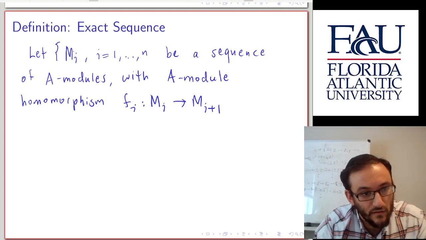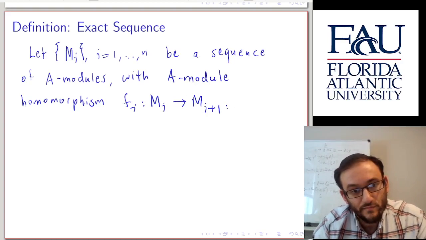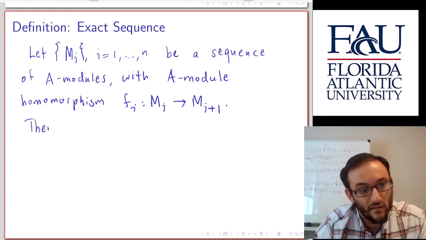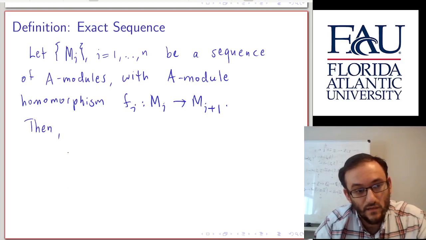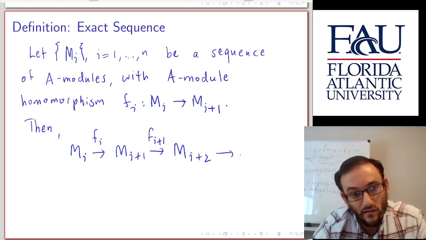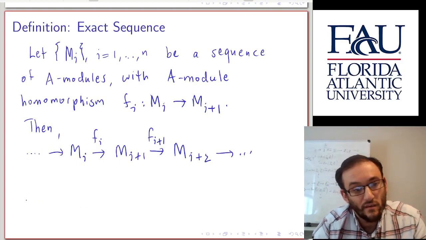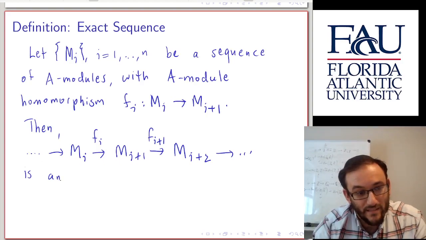Okay, and I guess we could give this a set notation. Then the sequence given by having Fi here, Fi plus 1 here, and then as many arrows as you'd like going off in either direction, is called an exact sequence.